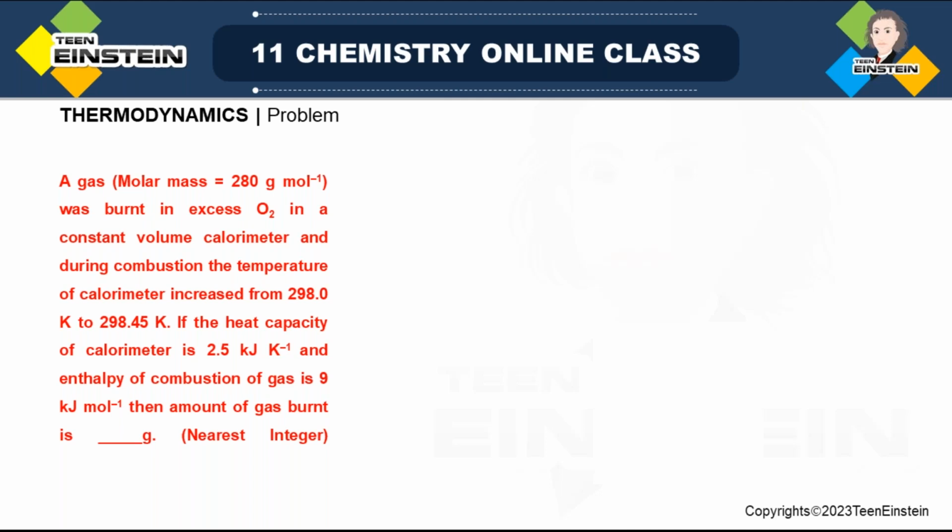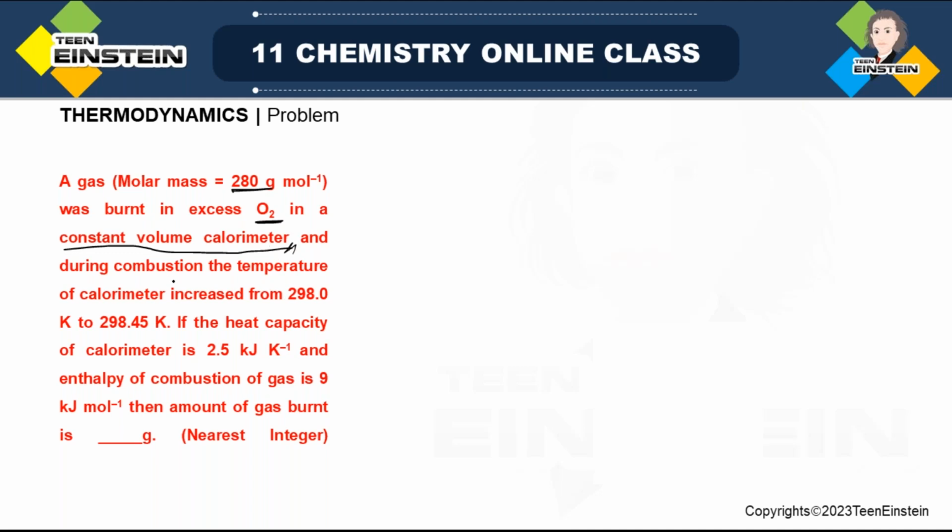Next problem. A gas, whose molar mass is given, which is 280 gram per mole, was burned in excess oxygen in a constant volume calorimeter. Actually, in a calorimeter, even if it is not mentioned as constant volume, you still have to consider it as constant volume. That is the criteria for a calorimeter.